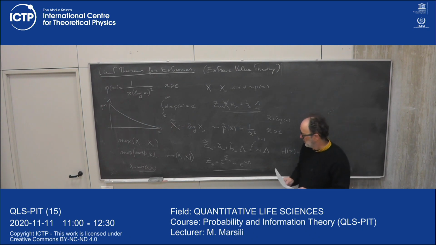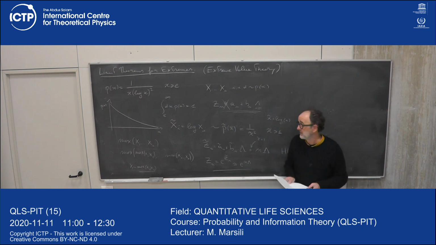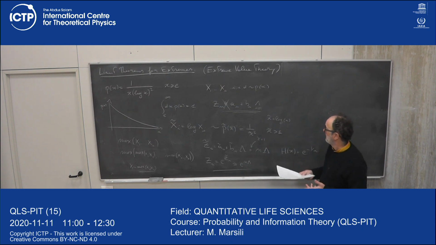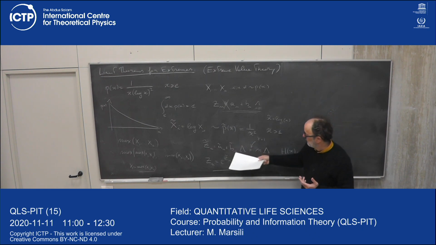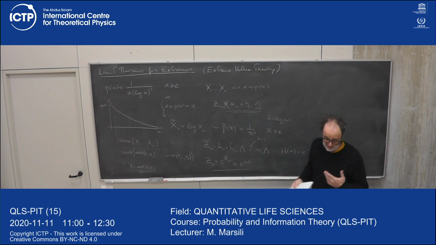So the fact that you have this group property implies these universality properties, and it also implies scaling. It implies that this coefficient B_n has a form which is scale invariant, which is typically a power law.